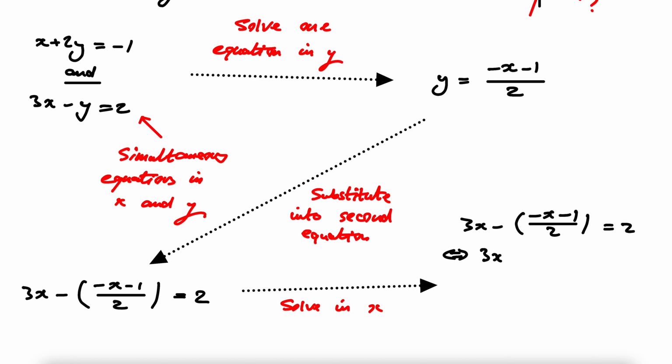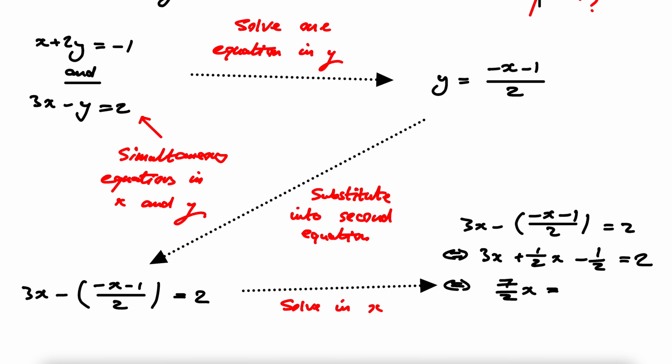3x, okay. So minus is a plus. It's going to be plus x divided by 2. In fact, I'll do plus half x. Minus is a minus, so it's going to be minus a half is equal to 2. So now let's combine the x's. So that gives me 3 plus a half, that's 7 over 2 x.